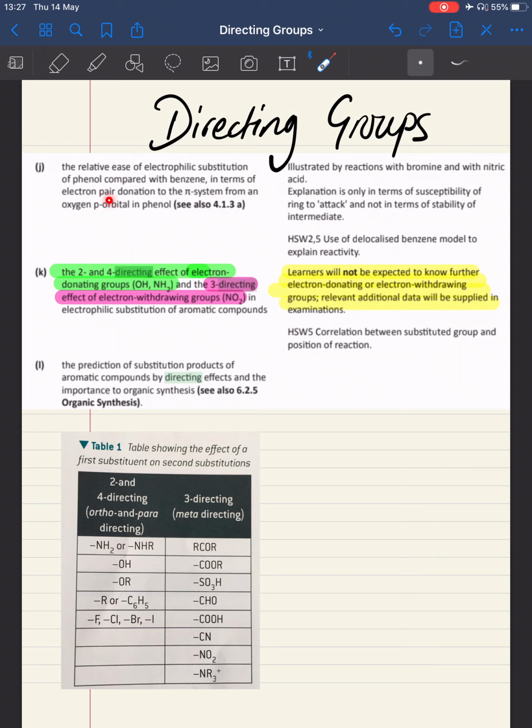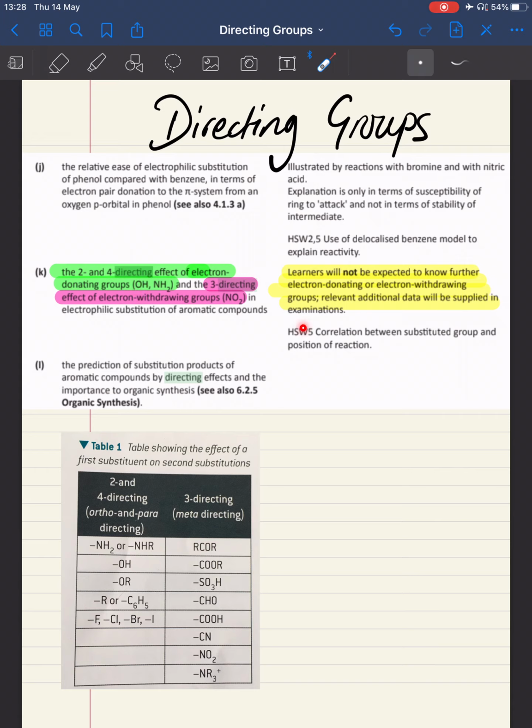You'll have talked about the electron pair donation from the p orbitals into the pi system from the oxygen. We're going to link that in with 2,4 directing and 3 directing groups. We're going to be linking that knowledge back. I've highlighted up in green and pink here. The 2,4 refers to the OH and NH2, and the 3 directing to the NO2.